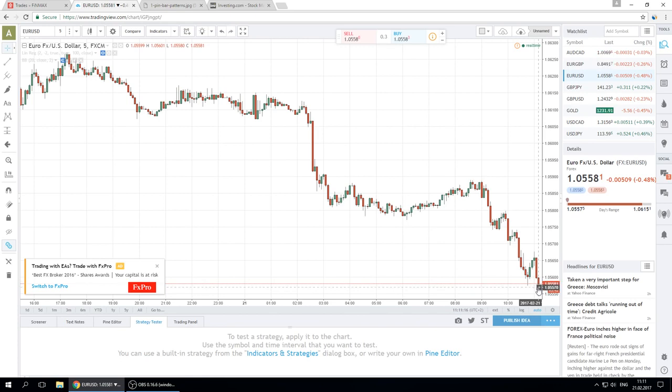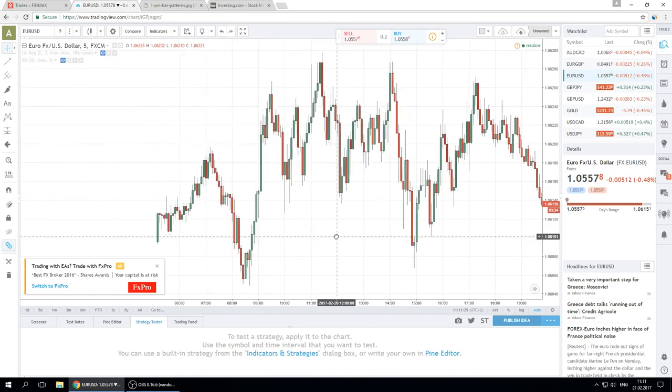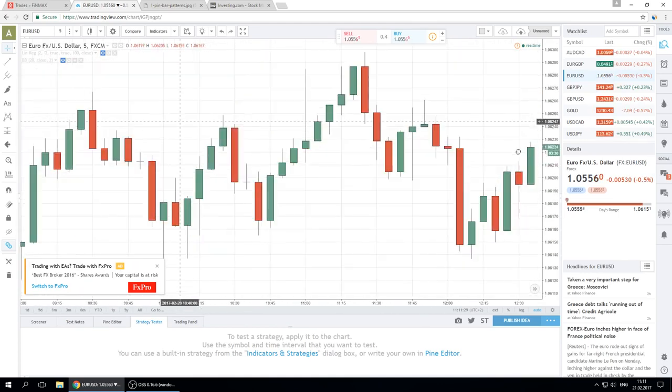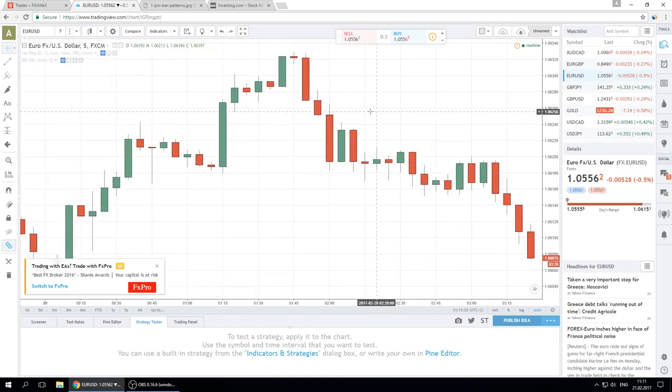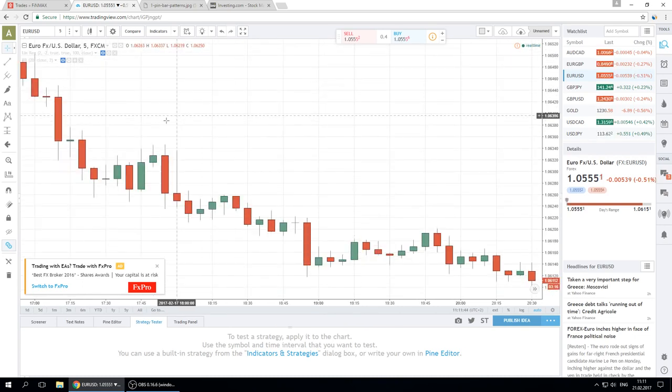So here we see the current price of the market. We see that the euro is heading down. Okay, we see here. So this one was pretty good. So if you have noticed this button on the market, you can open the trade.